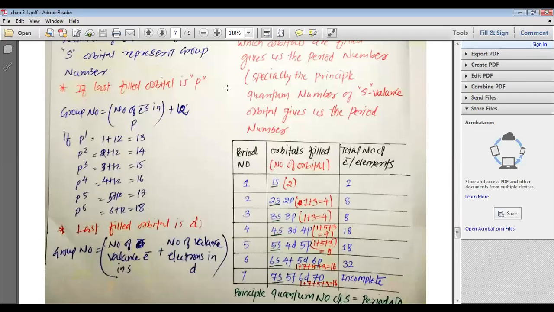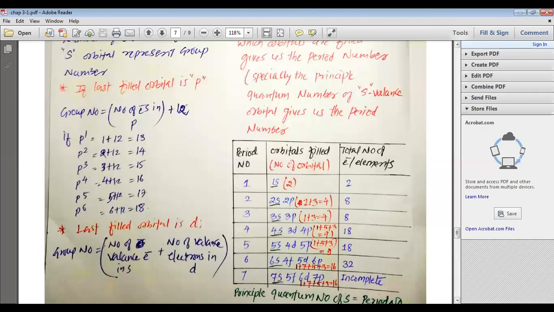This is how we can come to know about the group of the element. For example, if p has 1 electron, then the group number is 13, p2 14, p3 15, p4 16, p5 17 and p6 18.